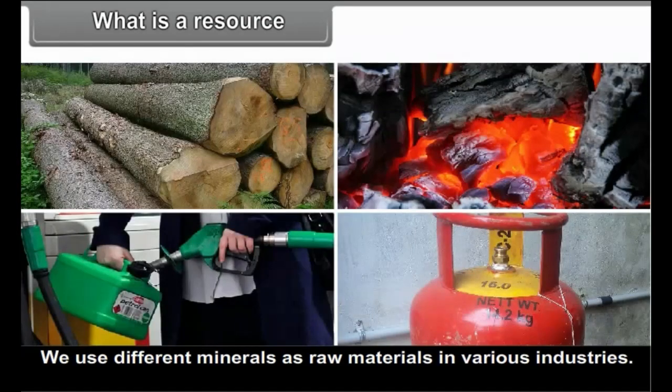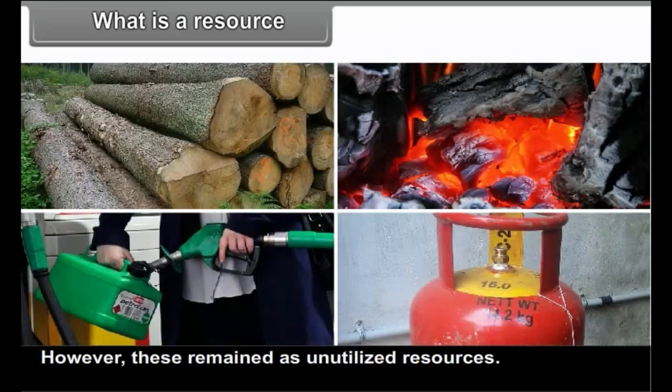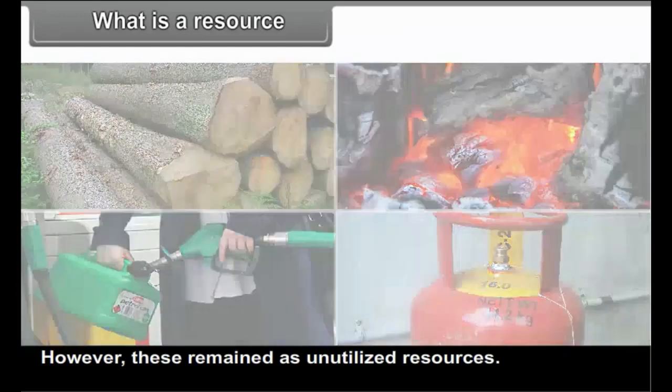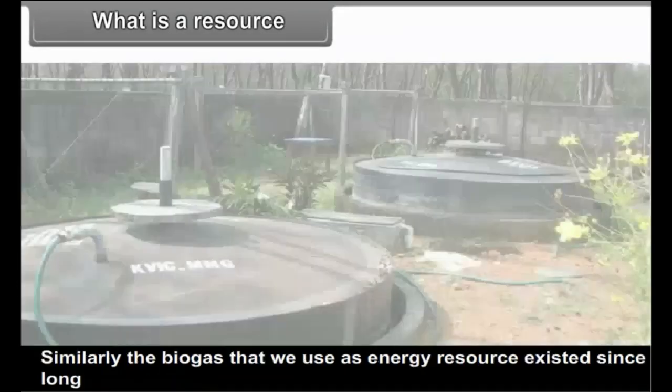We use different minerals as raw materials in various industries. These minerals existed as earth materials since they were formed. However, these remained as unutilized resources. They became resources only after the appropriate technology was developed.